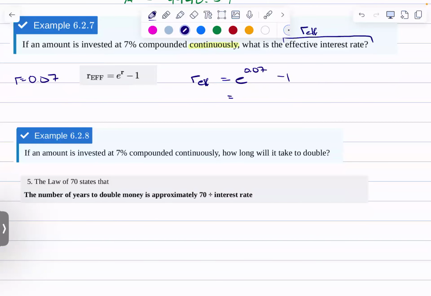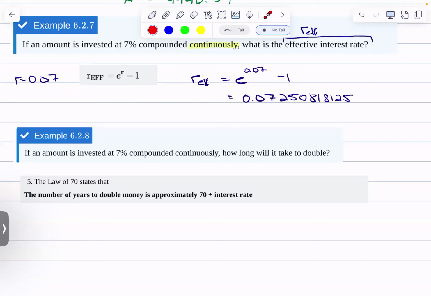I get an effective interest rate of 0.0725081825, or roughly 7.25%. Which isn't that different from 7% compounded continuously, right?